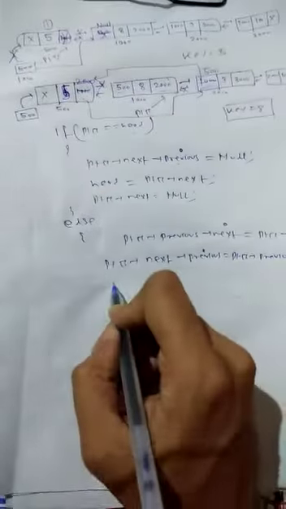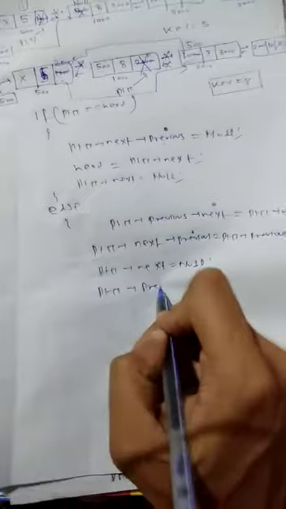Okay, now our work is to make it null. We have to disconnect this link also. Okay, this is an optional thing. This is the main part, you have to update this and this, but this link, whether you update it or not, is optional. If you update it, it's okay. If not, no problem, but you have to update the others. Here, what is the address here? ptr next equal to null.